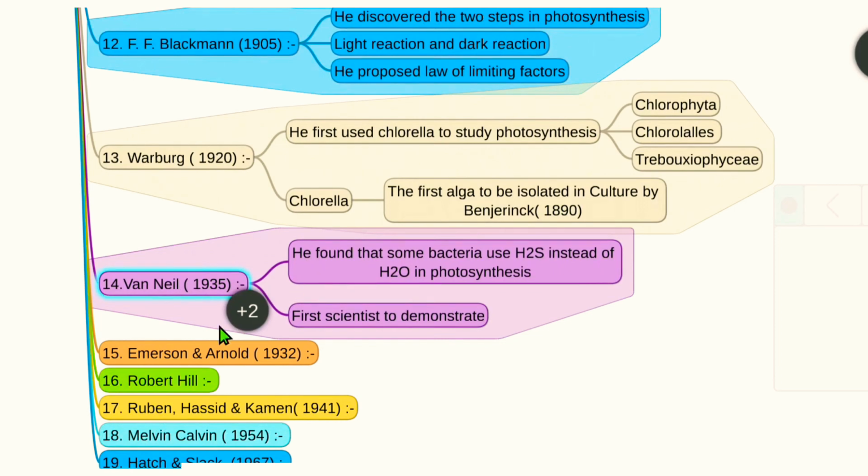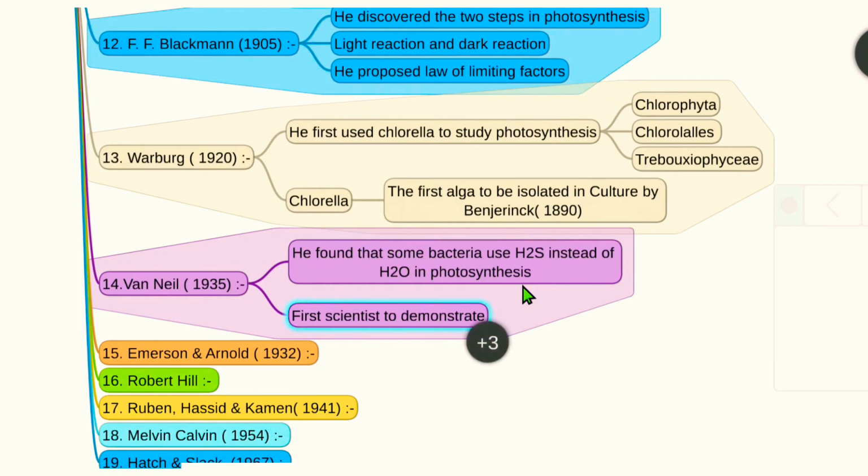Van Niel in 1935 found that some bacteria use H2S instead of H2O in photosynthesis. Some bacteria use hydrogen sulfide instead of water in photosynthesis.